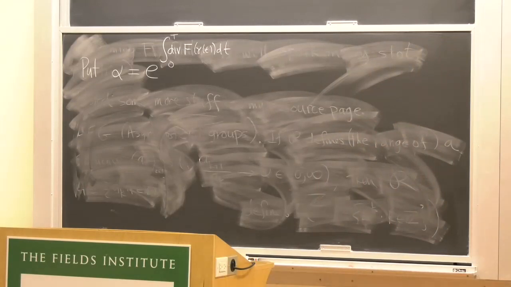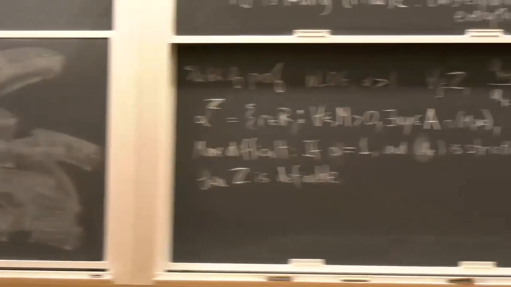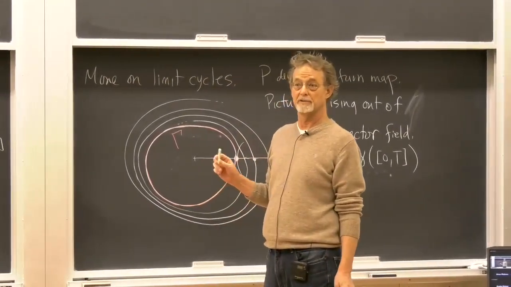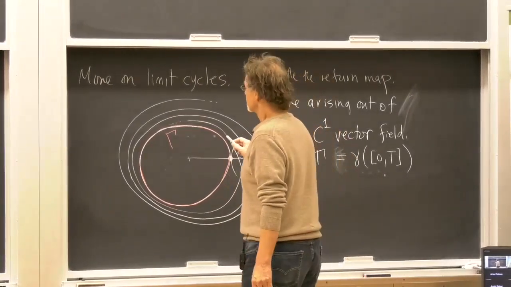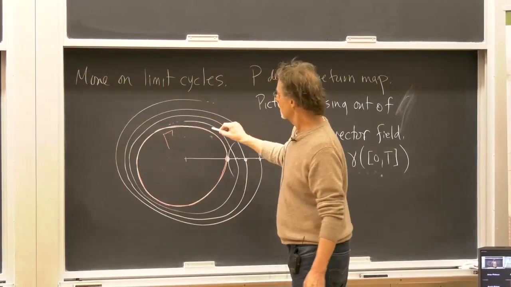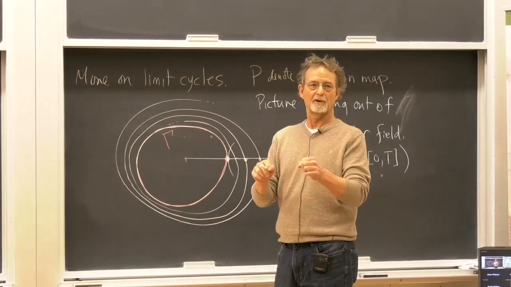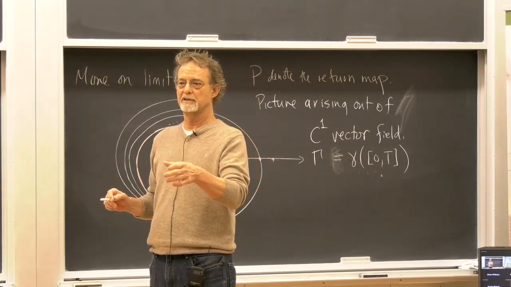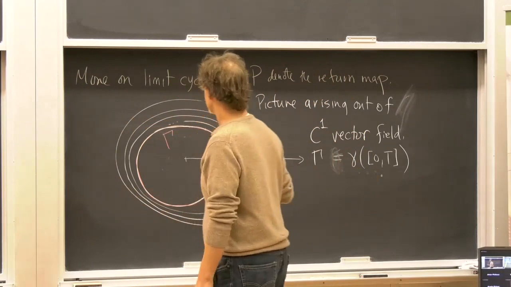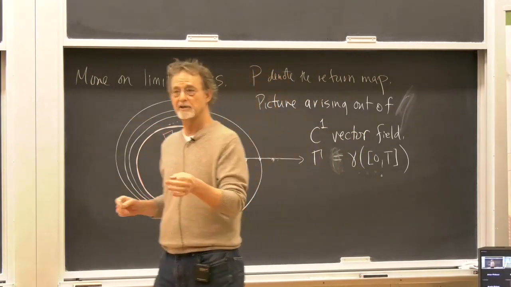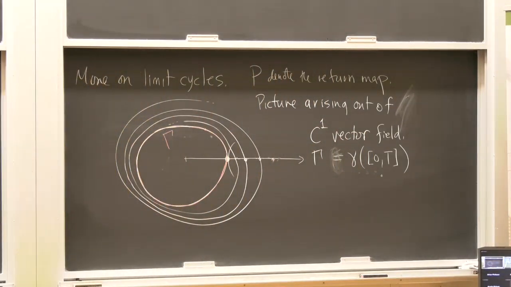So it makes sense to go over here. This integral is going to exist as I integrate around here, and then I'm going to take the exponential of this thing. So what is the integral measuring? We're going along and checking the divergence at each point, which is the instantaneous expansion or contraction of the vector field. So now we're going to go around and basically compute the net of this inflow and outflow along this curve.